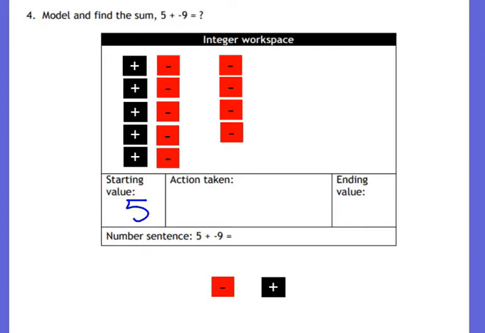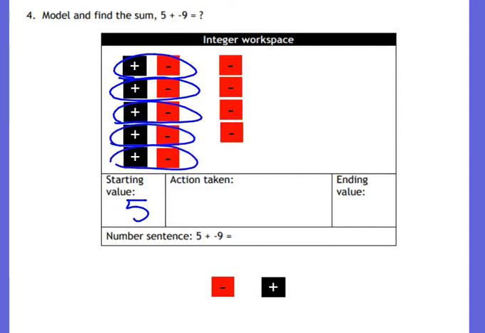Now what do I see created here? Some 0 pairs. How many 0 pairs? So I'm going to circle my 0 pairs for them to vanish. So what is left? -4. Recapping the actions, I started with 5 black tiles. What did I do from there?